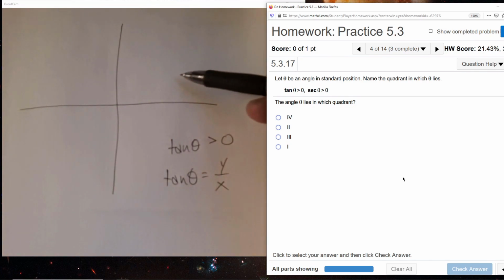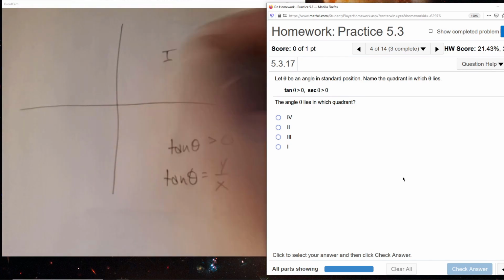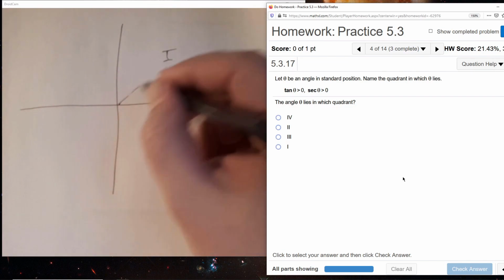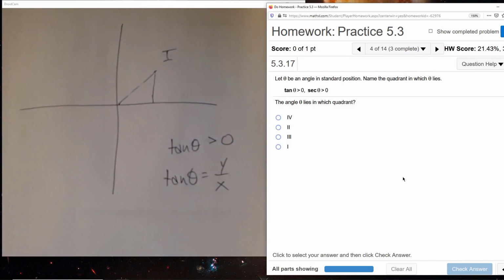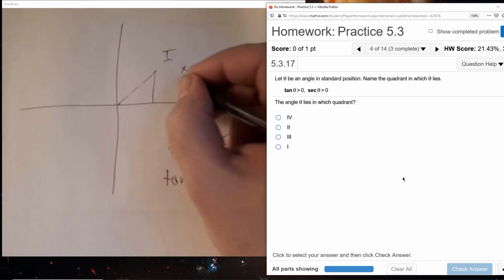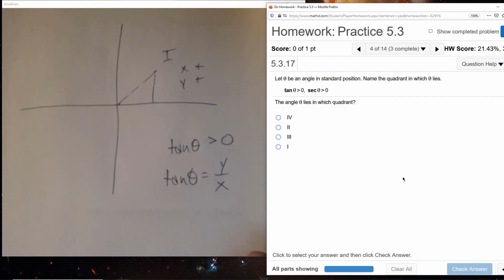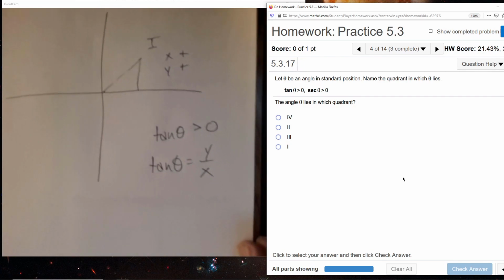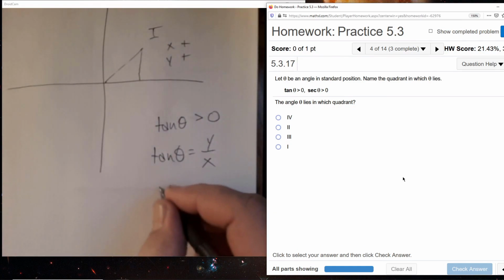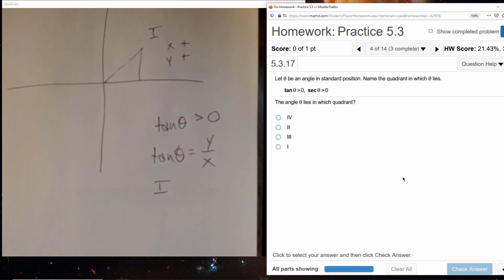So let's look at quadrant 1. In quadrant 1, so think of a right rectangle in quadrant 1, x is positive and y is positive, which means a positive number is greater than 0. So this is true in quadrant 1.